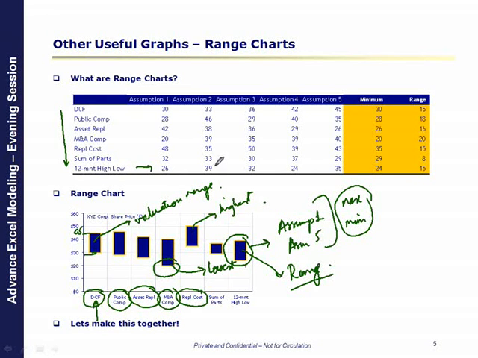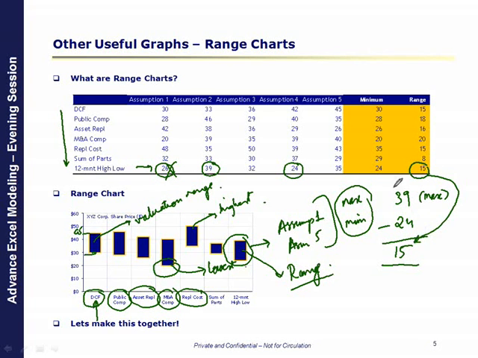The highest is 39. This is the maximum. What is the minimum? The minimum is not 26, but the minimum is 24. So we reduce 39 by 24, and what we get is 15. So we are talking about this range, which is the maximum minus the minimum.